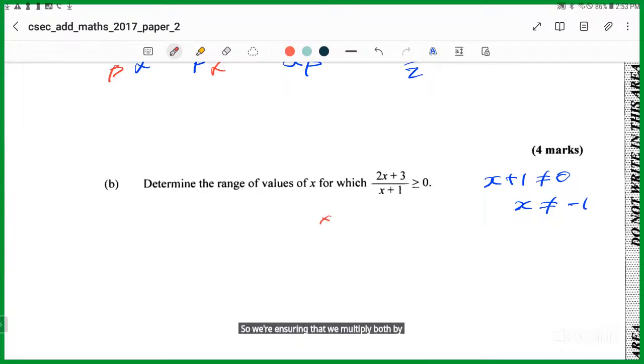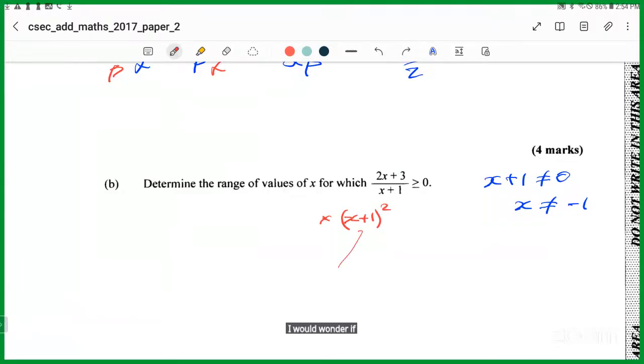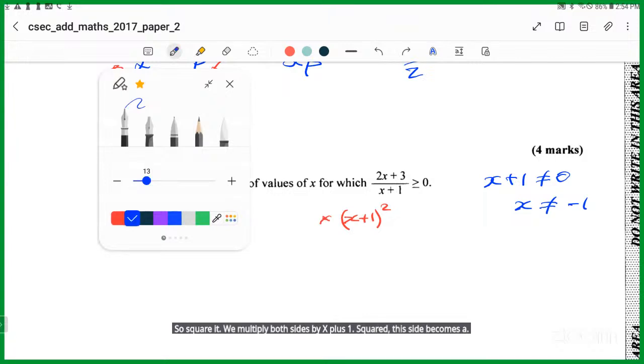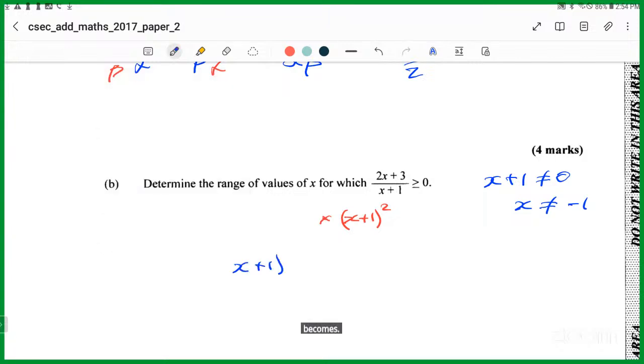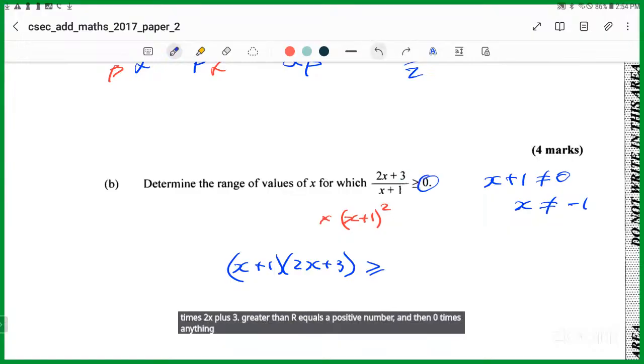So multiplying both sides by x plus 1 squared. We don't know if x plus 1 is negative, so we square it. This side becomes a product. It becomes x plus 1 times 2x plus 3 greater than or equal to, because a positive number, this sign stays greater than or equal to, and then 0 times anything is still 0.